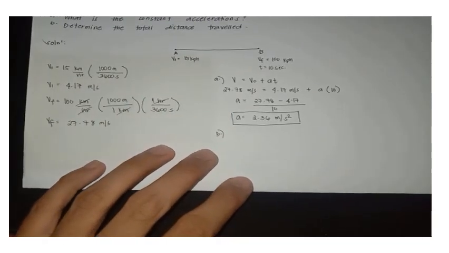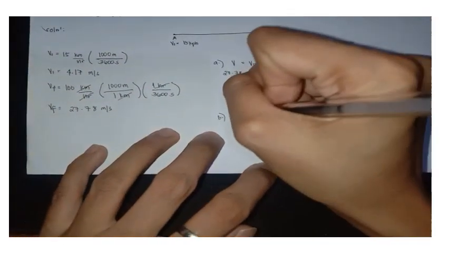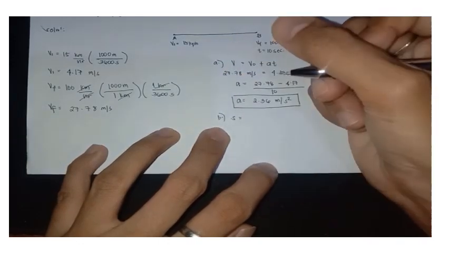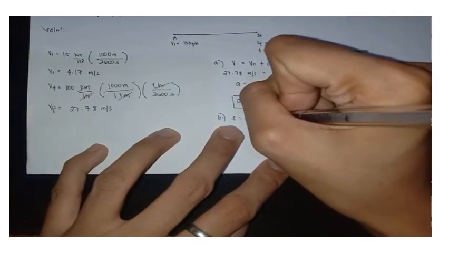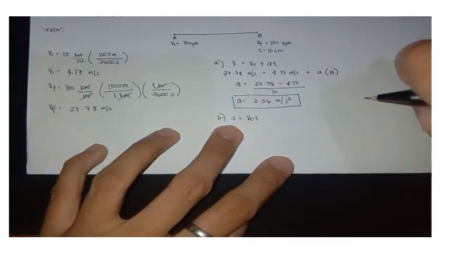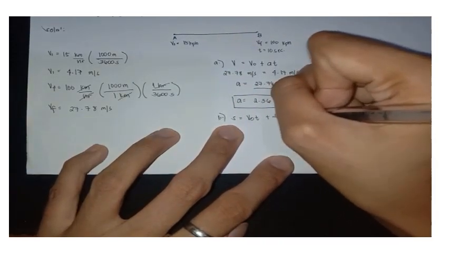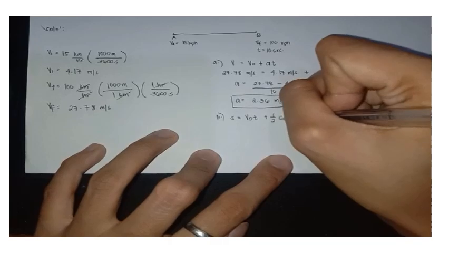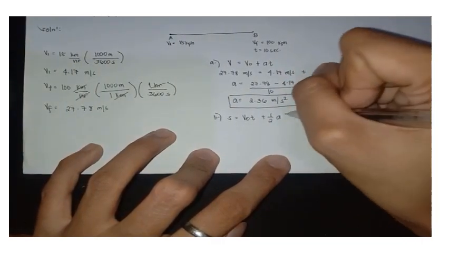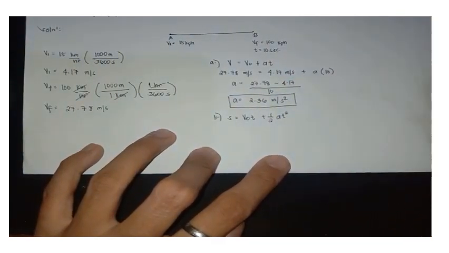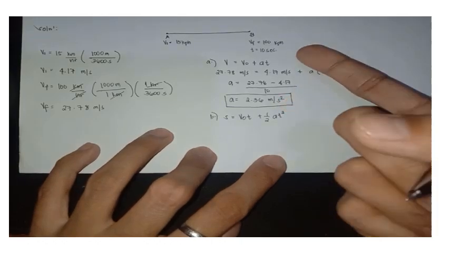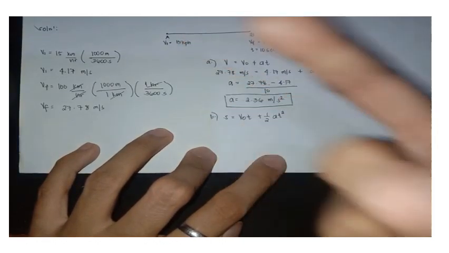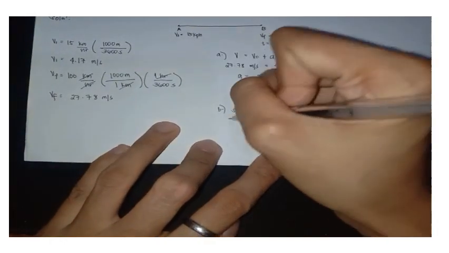If you remember the formula for displacement, S is equal to initial velocity multiplied by time plus 1/2 times acceleration times time raised to 2. We can use this formula since we have the acceleration, time, and initial velocity.